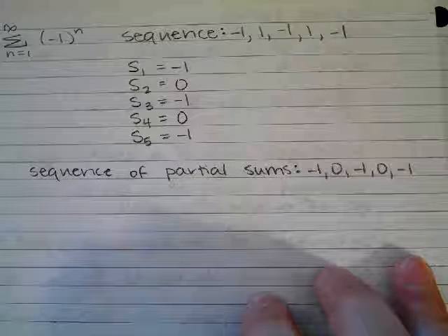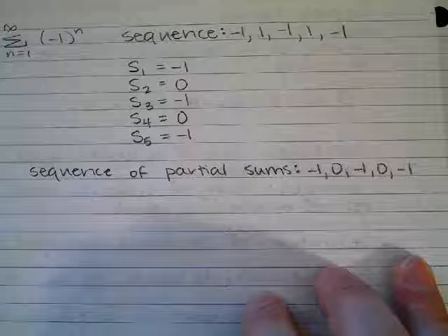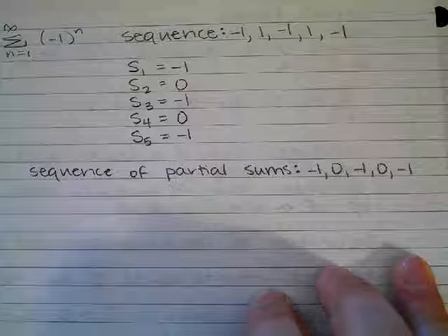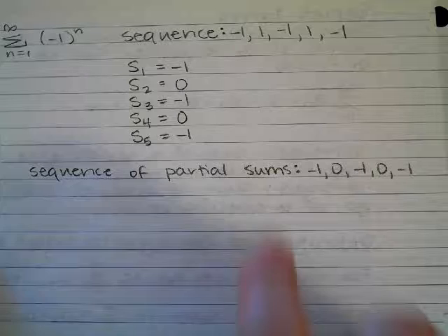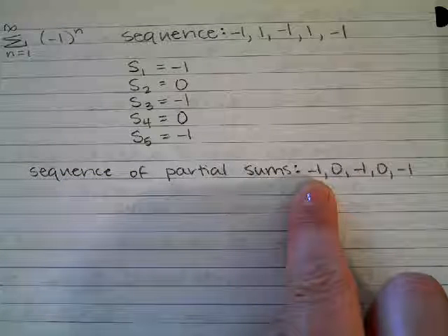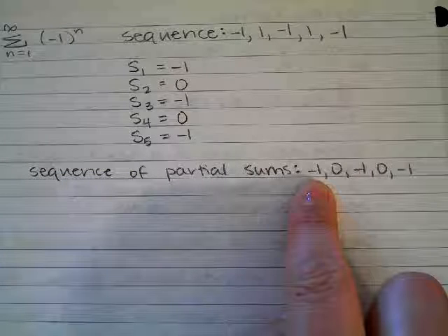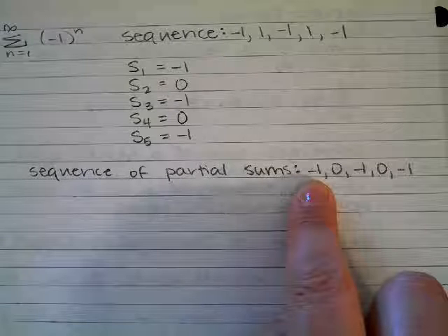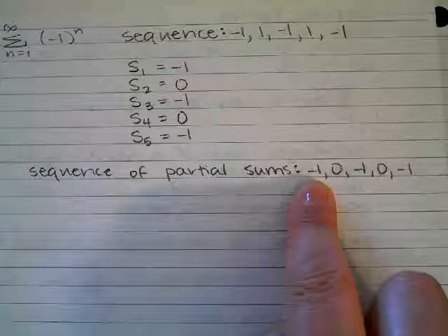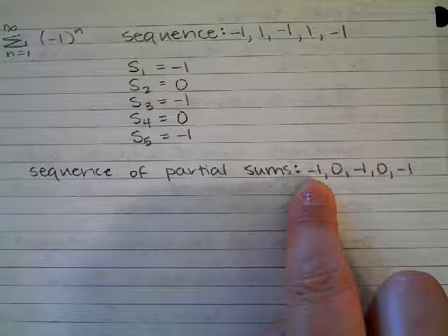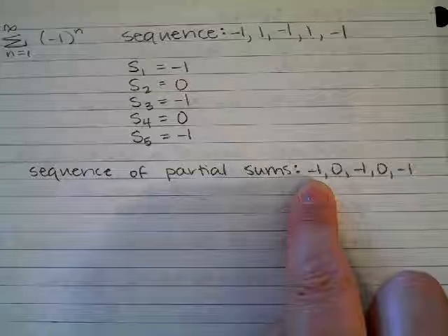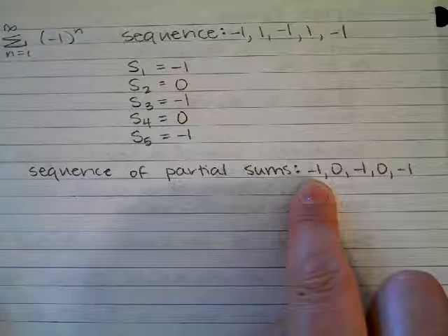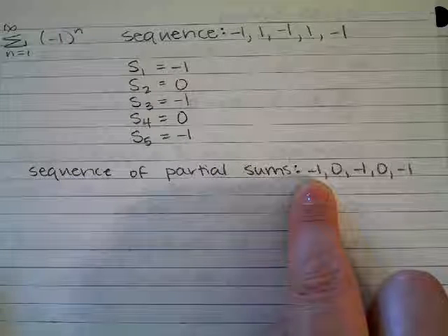Okay, and so if we were to write a pattern for this, the pattern would be something like, if it was an odd term, it would be negative 1. If it was an even term, it would be 0. That's what your pattern would be. So I'll go ahead and write this.